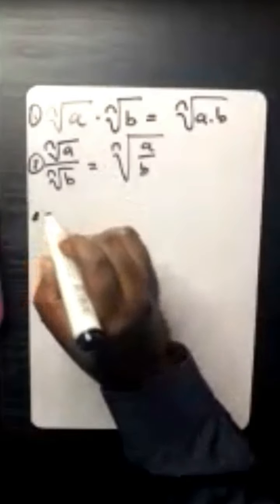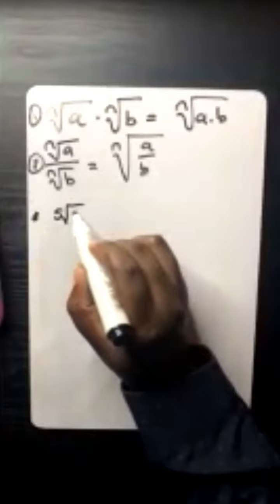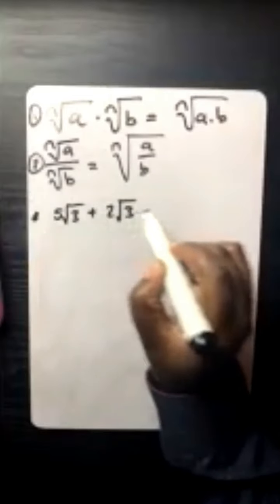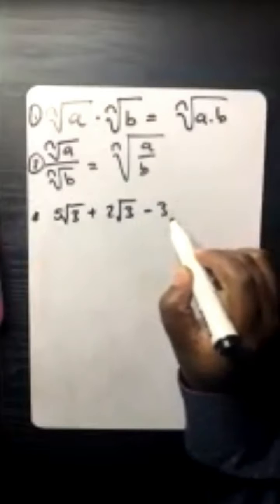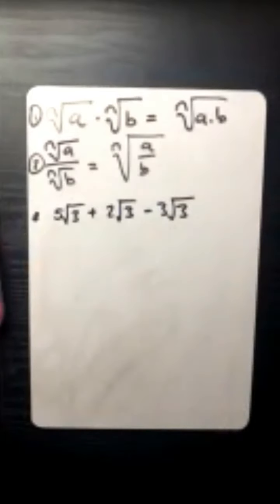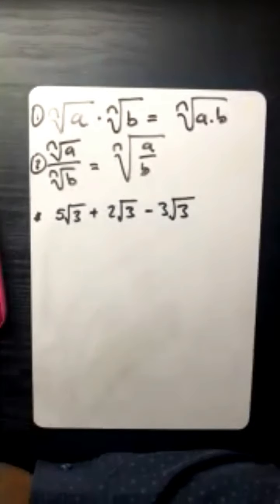Let's see. Let's say we've got 5 square root of 3 plus 2 square root of 3 minus 3 square root of 3. Guys, is there someone who wants to guess how to approach this type of problem?